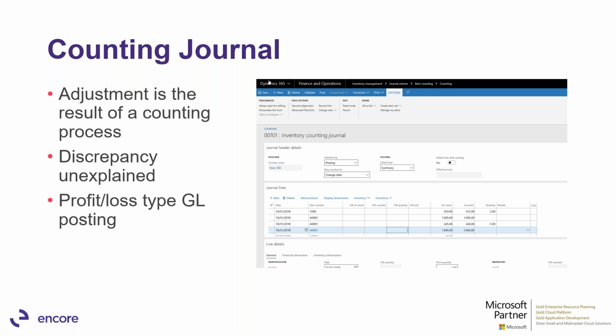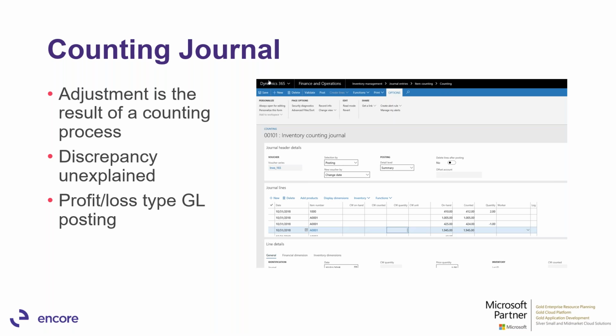But what we have to remember is that in scenarios when we are supposed to be using the counting journal, the discrepancy is always discovered during a count process. By entering the counted quantity into the counting journal and then posting it, the system will automatically post the discrepancy, both as a quantitative adjustment to our inventory, and also as a value adjustment into our GL.